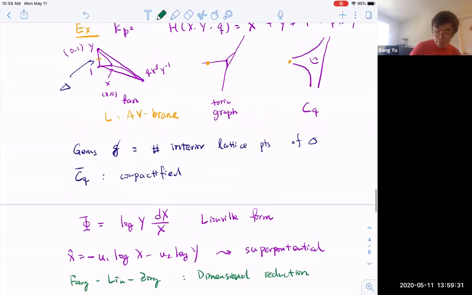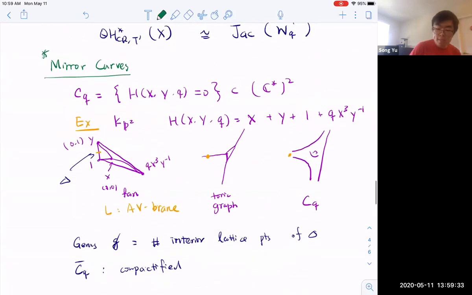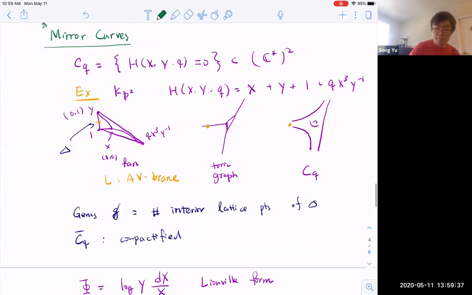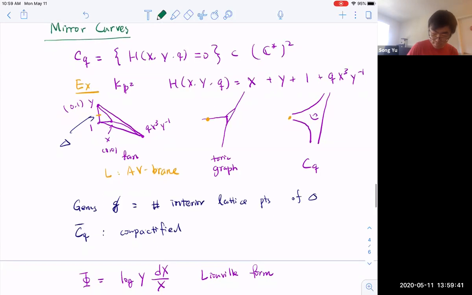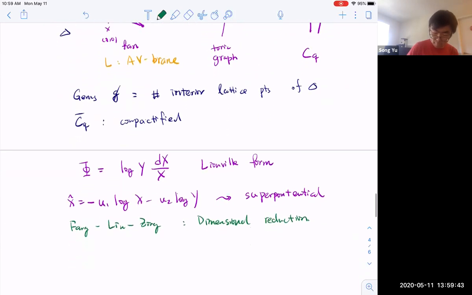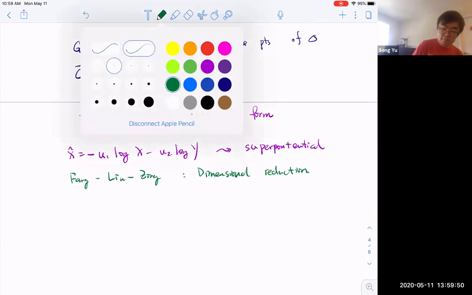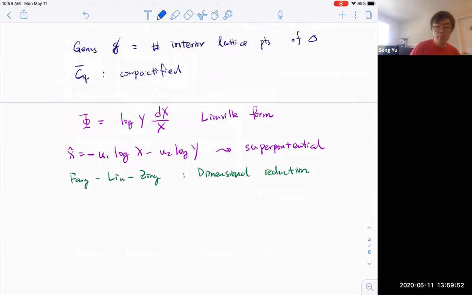So the upshot is that you can reduce all the B-model theories to the simple one-dimensional B-model family, which is the mirror curves. This family will be what we work with in our setup of the crepant transformation conjecture.